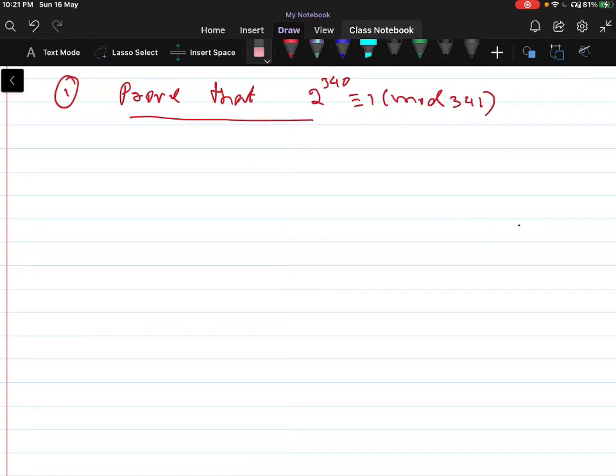So now we consider an example. Prove that 2 power 340 is congruent to 1 modulo 341. Let us move to the solution. Let capital P be equal to 341. This can be factorized into 11 into 31.